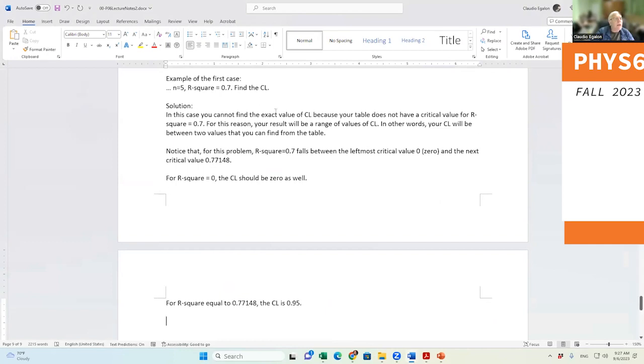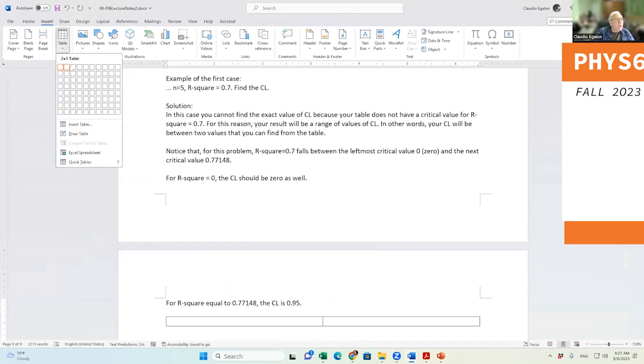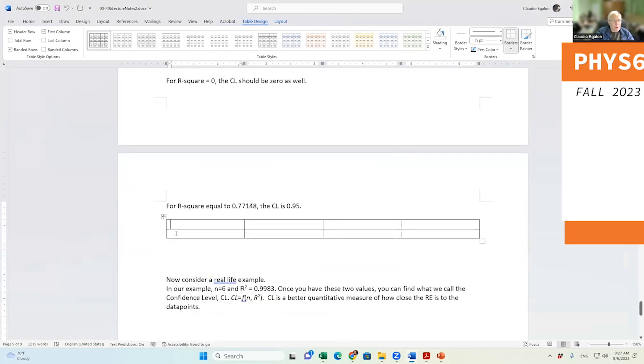Let's see. I'm going to illustrate in a table format so you can visualize it in a different way. 1, 2, 3. Maybe I should put 4 here. Yeah, let's put 4. Here is going to be N, and in the horizontal is going to be CL.